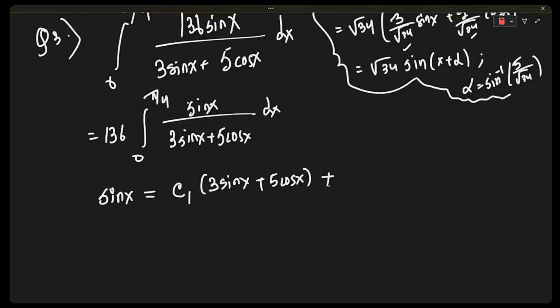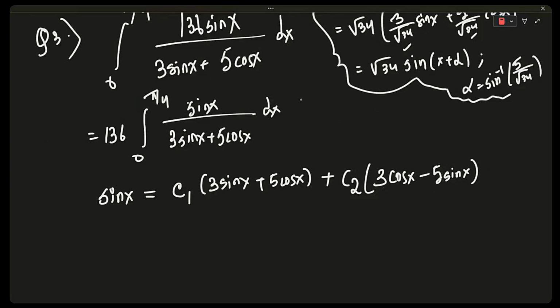That is the motivation. In the second, it will be c2 into the derivative of 3 sin x plus 5 cos x, which is 3 cos x minus 5 sin x. What is the motivation for this part?